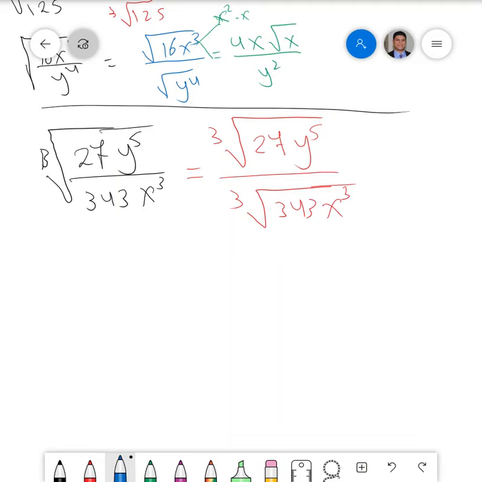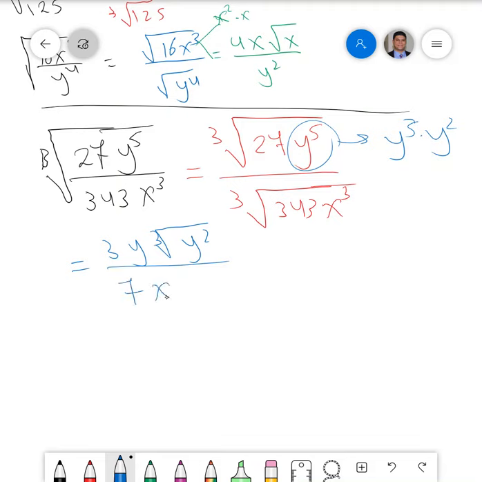The cube root of 27 is 3. We can write y to the power of 5 as y to the power of 3 times y to the power of 2. The third root of y to the power of 3 is y, and we keep y to the power of 2 under the radical. The third root of 343 is 7, and the third root of x to the power of 3 is x.